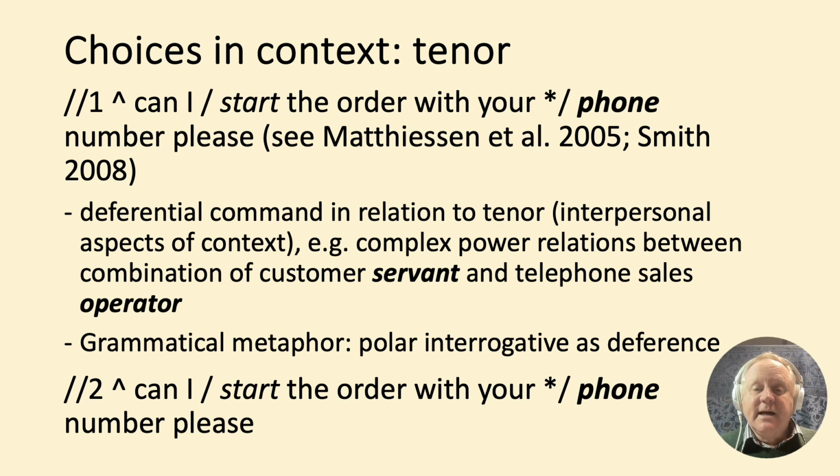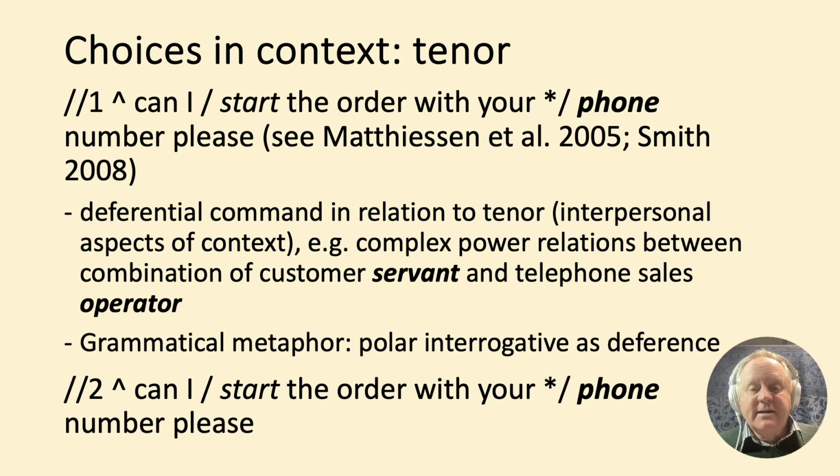As discussed in episode 2, typically in its unmarked function, polar interrogative mood choice is used to enact a yes-no question in the system of speech function, in the discourse semantics. That is, the polar interrogative choice functions to find out whether or not something is, or in this case, whether the speaker can or cannot do something.